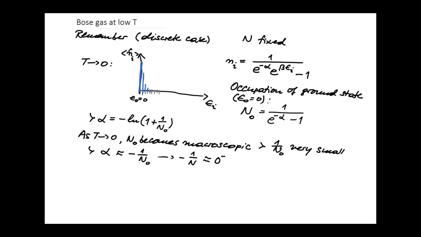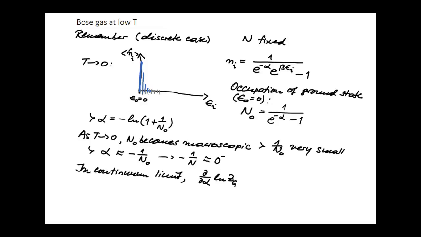Now, for this consideration, on purpose, I used the discrete language because the continuum limit has a problem here. The continuum limit fails in this scenario. Because in the continuum limit, remember that we obtained a formula for the partial derivative with respect to alpha of the grand canonical partition function, a general formula for that, in the continuum limit.